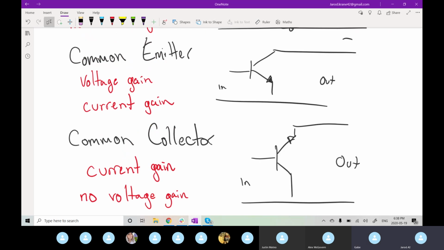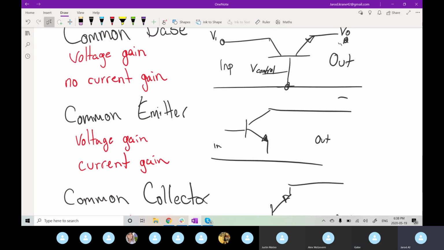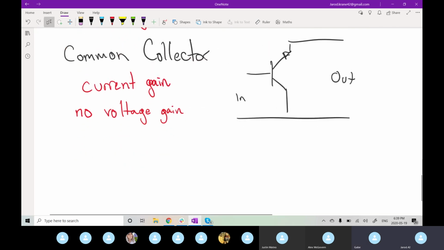Buffer is something I will go into more detail in another lesson on op amps, because that's a little more direct. But basically, it's a way of applying a greater current output when otherwise you wouldn't have enough.